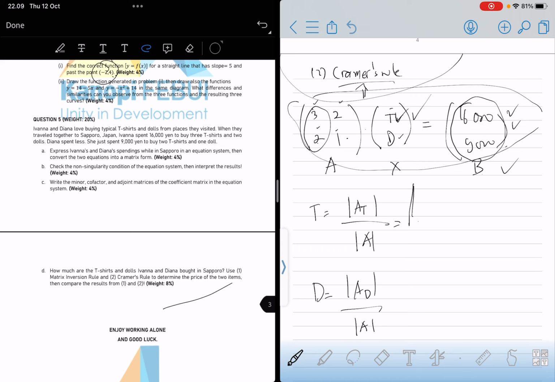So AT is 16,000, 9,000, 2, 1. And the determinant of A, we know that this is minus 1. So this one is 16,000 minus 18,000 over minus 1. So the result is 2,000.